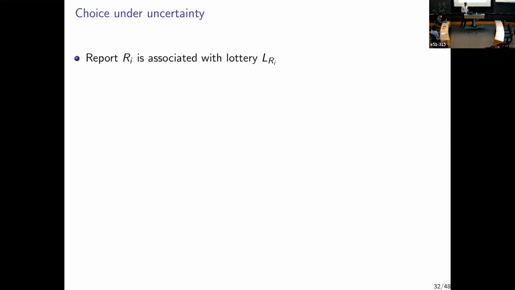So now a report, when you say A, then B, then C, what you're really choosing is a lottery that is going to give you school A with some probability, school B with some other probability, and school C with some other probability. So now we can go back to essentially chapter 5, I think, of Mas-Colell, Whinston, and Green, and put this into a framework of choice under uncertainty.